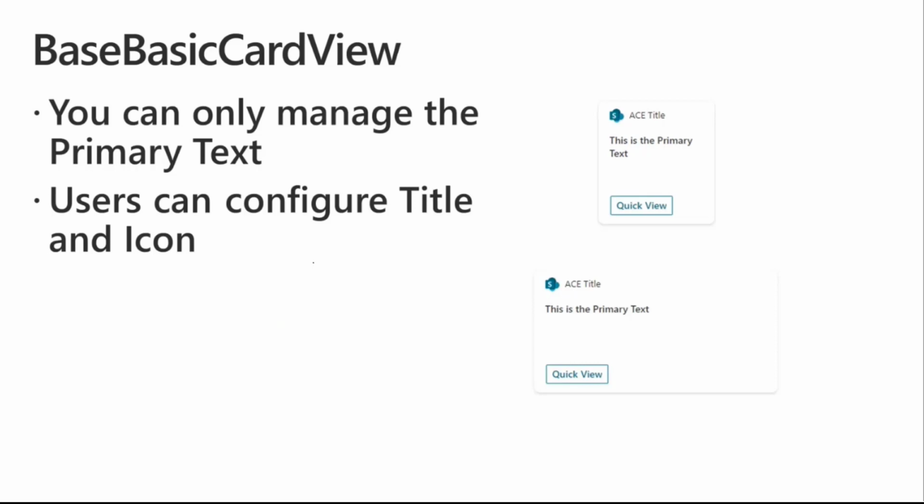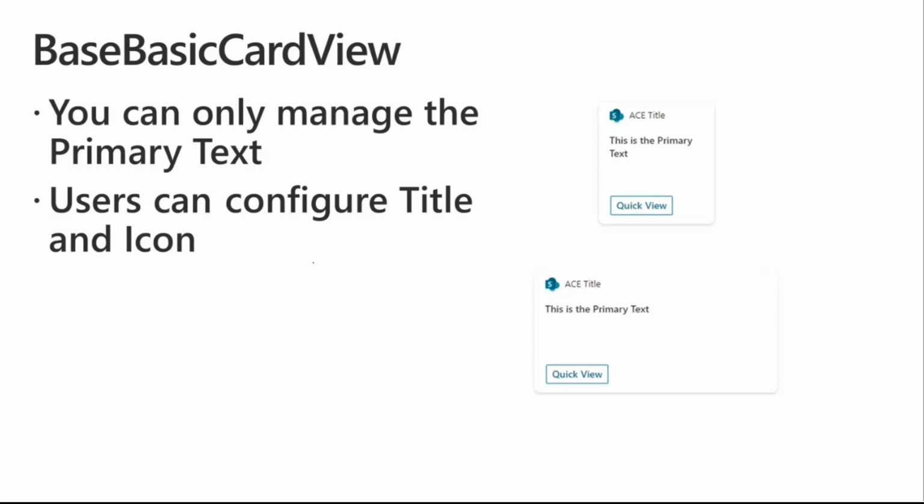In this scenario, you can create a card view, which will be automatically created for you by the scaffolding tool, with simply a configurable property called primary text, which will be rendered as the main content of your card view. Users configuring the adaptive card extension will be able to configure just the title and the icon, which will be shown in the default rendering of the card view, plus your primary text.